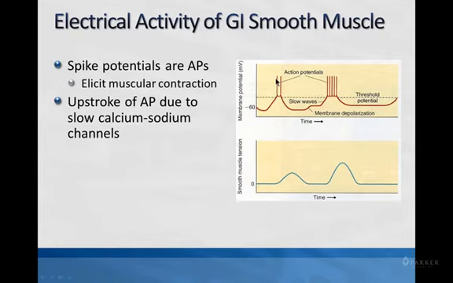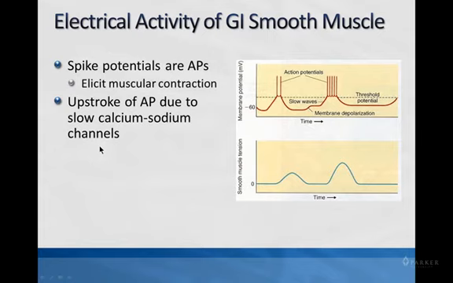What you see with these action potentials is a little bit different than what we saw, say, in nerves and in cardiac muscle. The depolarization that you see in nerves, skeletal muscle, and cardiac muscle was due to the opening of sodium channels. But in GI smooth muscle, it isn't. What is responsible for the action potentials is the opening of what we call slow calcium-sodium channels.